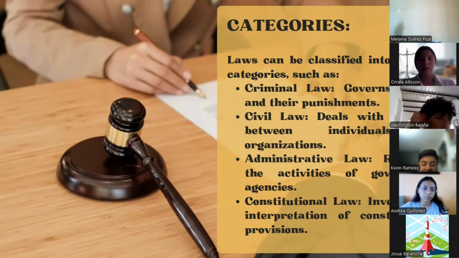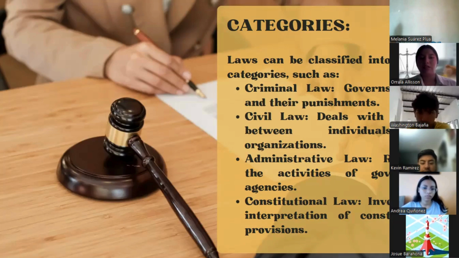So about civil law, it encompasses a wide range of legal issues, such as contracts, property disputes, family law, and torts. About administrative law, this branch of law governs the actions of administrative agencies, ensuring they operate within their authority.